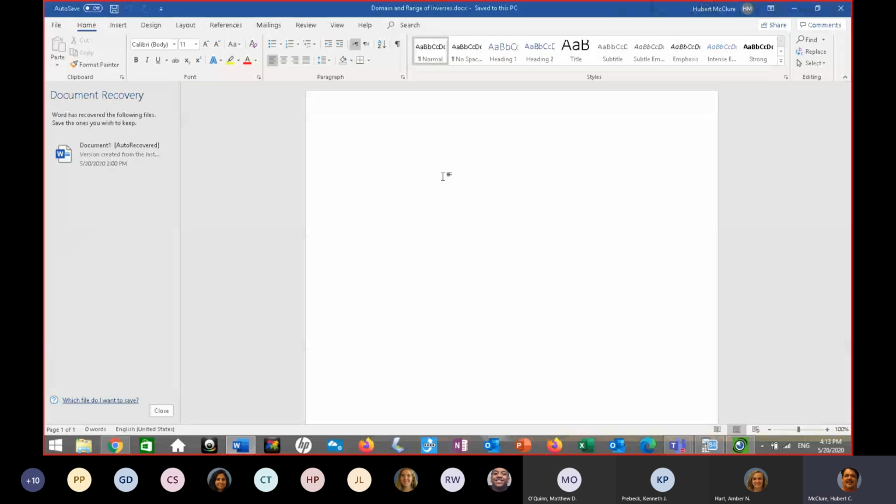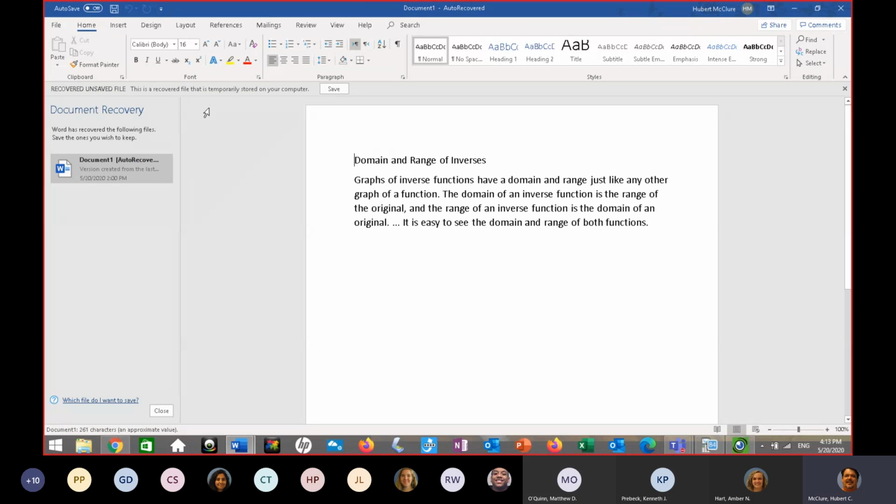Write this down. Graphs of inverse functions have a domain and range just like any other graph of a function. Read that. The domain of an inverse function is the range of the original. And the range of the inverse function is the domain of the original.